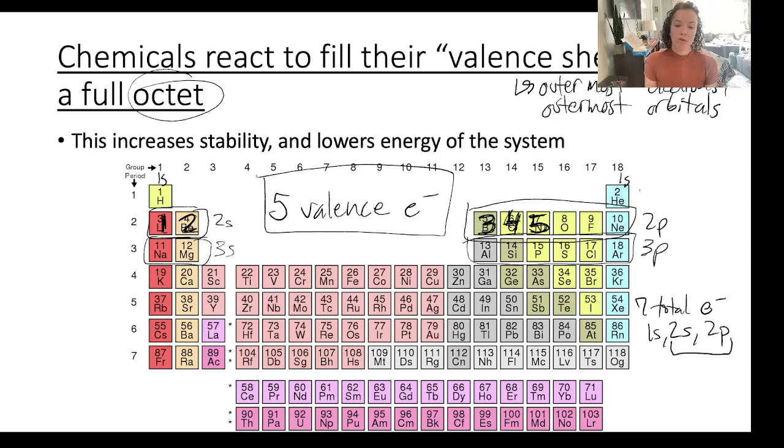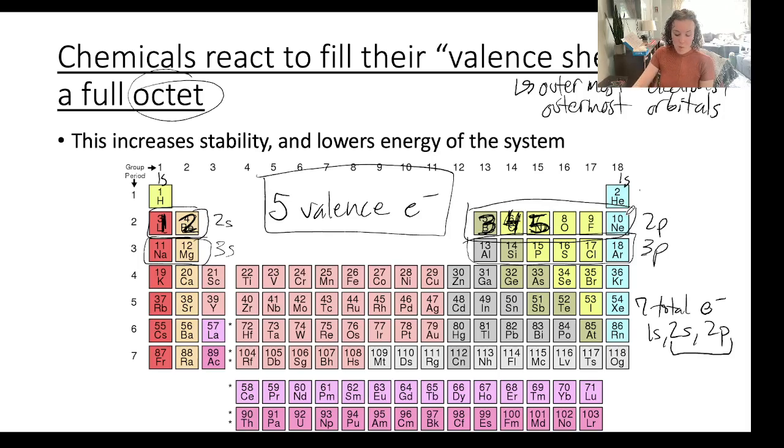So if, for example, nitrogen was going to do a chemical reaction, how many more electrons would it need? It would need 1, 2, 3 more electrons in order to have 8 or a full octet in its valence shell.